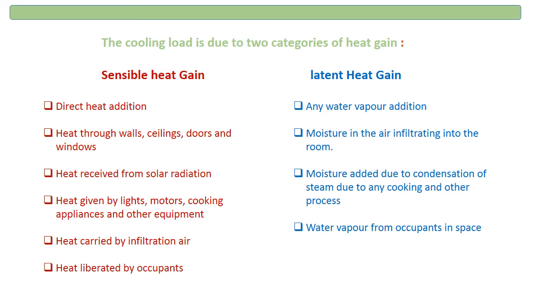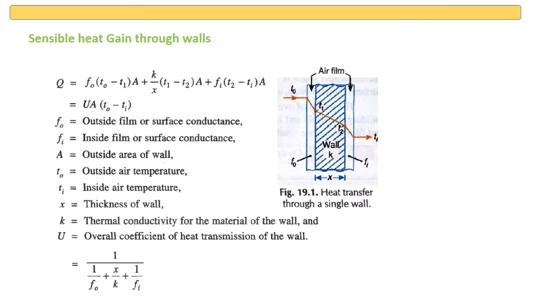So we'll see some sensible heat gains. This is the sensible heat gain through the walls. If you see, there is a wall, and outside of the wall the temperature is at T0. Through convection here, heat is added to the wall, and the convection heat transfer coefficient, also called surface conductance, is given by f0.